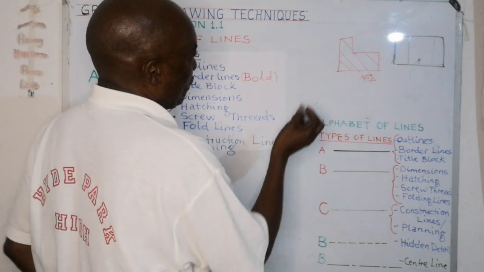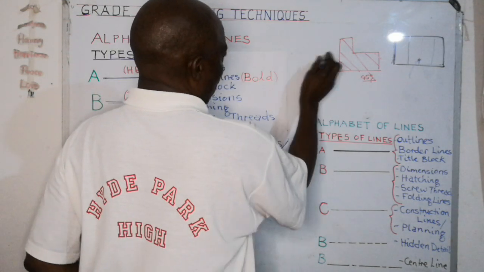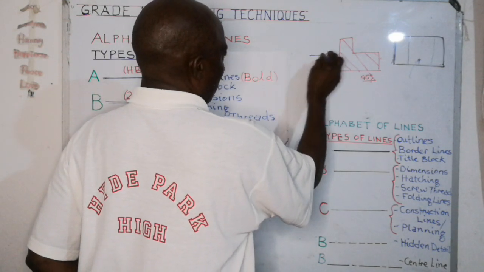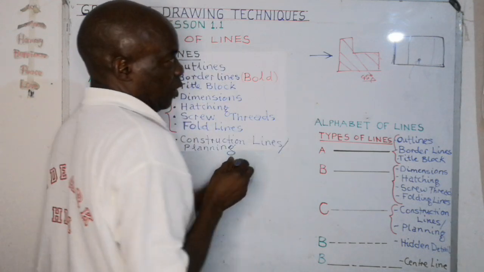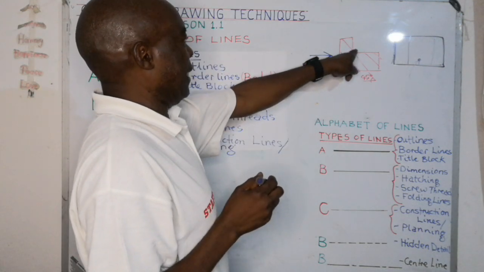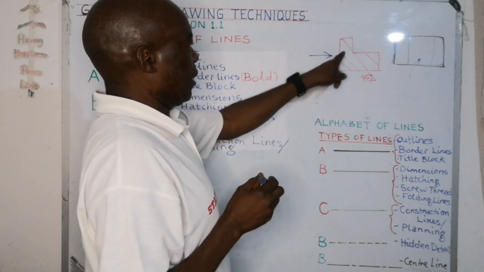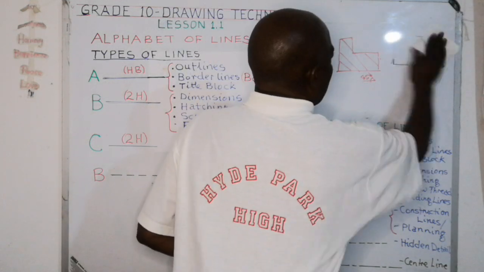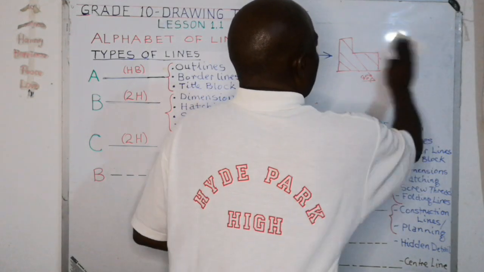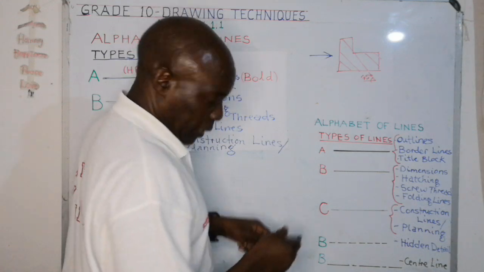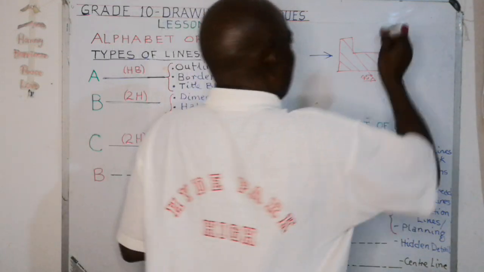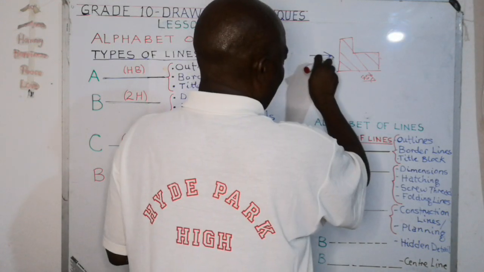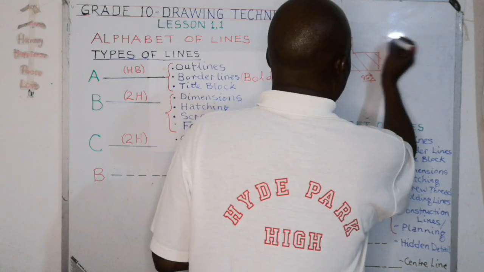For example, if you are looking at this object from this side here, you will not be able to see that edge there. So it will be represented by hidden detail as follows. If you are looking at it like that, that's the same height.